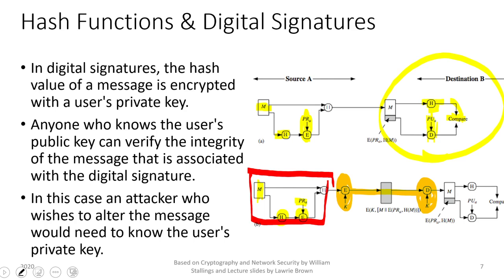Then after decryption, we can go back to the same point and take out the message, take out the hash, decrypt the hash, generate a new hash and compare these two. So in this approach, we are also adding secrecy in the channel.